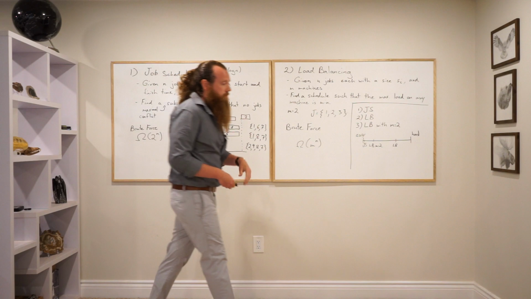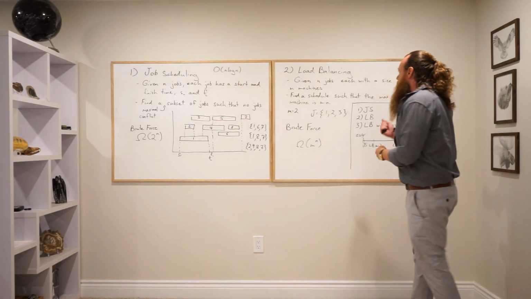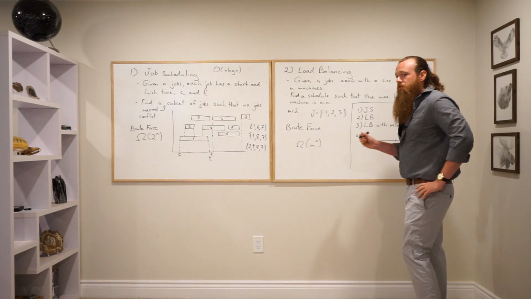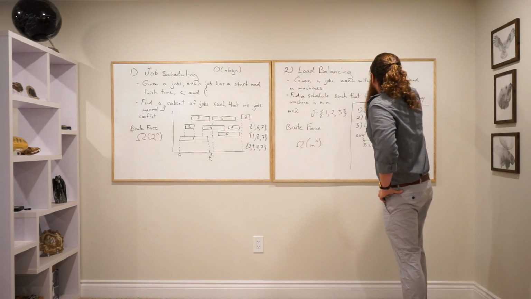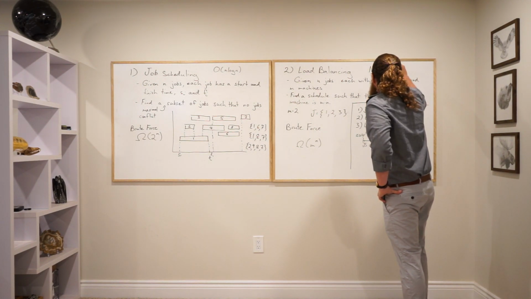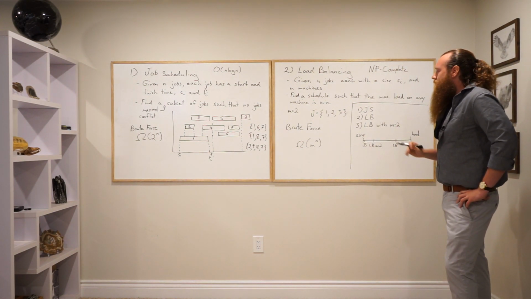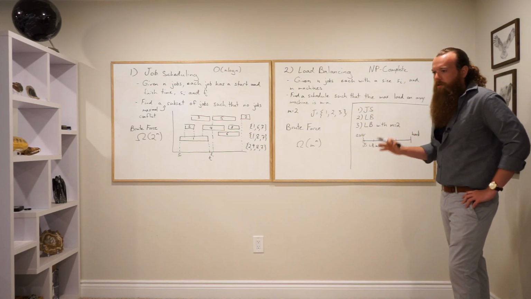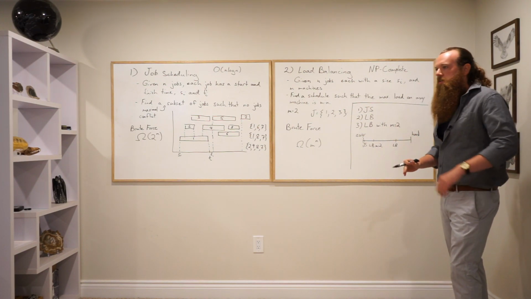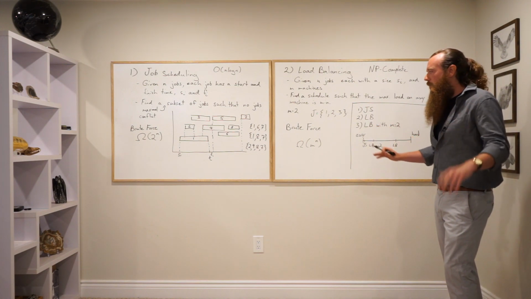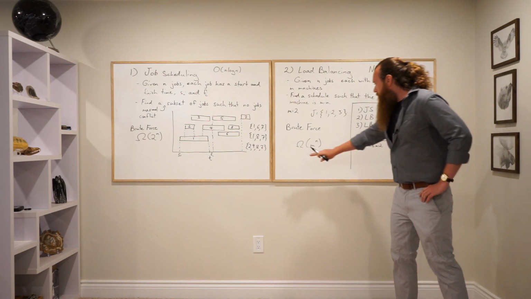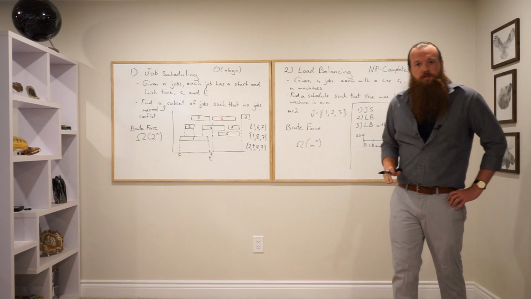Over on this side, and this is getting outside the scope of this course, load balancing is what we call an NP complete problem. So it's a special class of problem where the most efficient algorithms we know, the smartest minds in the world know right now to solve this problem don't beat brute force.